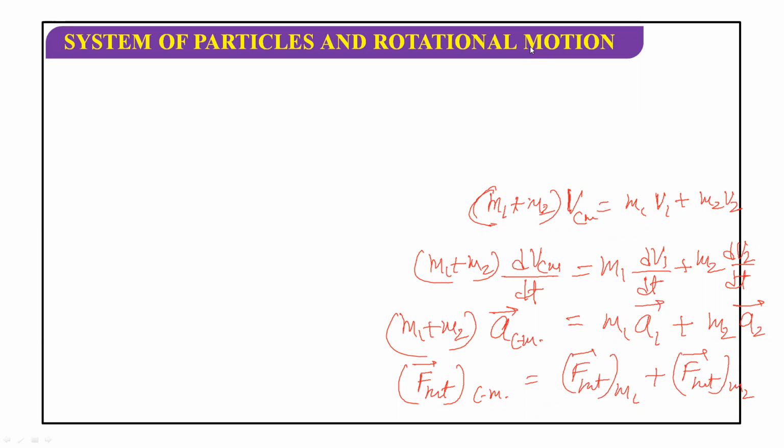How can we define center of mass? Center of mass is a hypothetical point on which the net external force is nothing but the vector sum of the forces acting on M1 and M2. So if we add the forces, the vector addition for M1 and M2, then the net force will come. That net force is nothing but the force acting on the center of mass also, right? So this way also we can define center of mass.